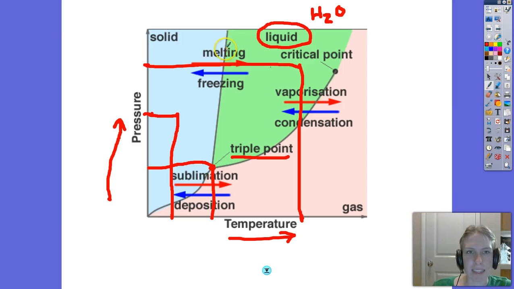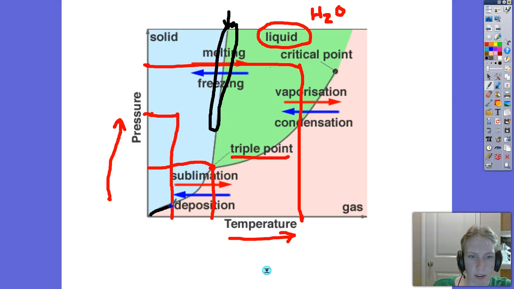Along these lines that you see, so I'll circle these, along these lines here, these are when you have equilibrium, in this case between the solid and liquid. This is where it's melting and freezing. So we have substance in equilibrium melting and freezing.